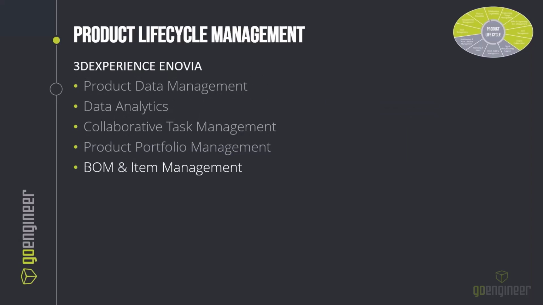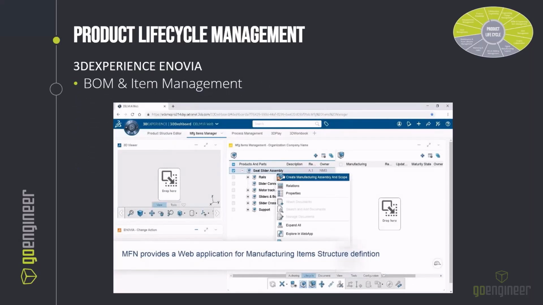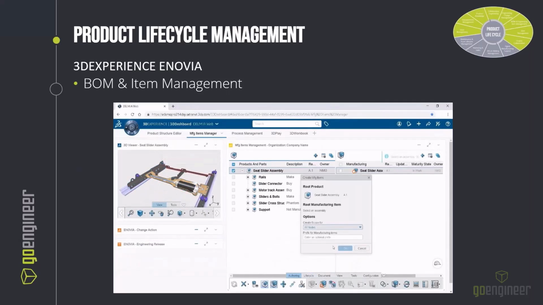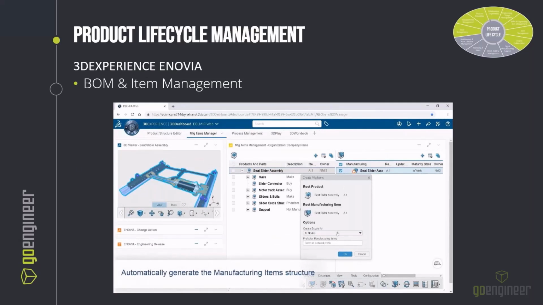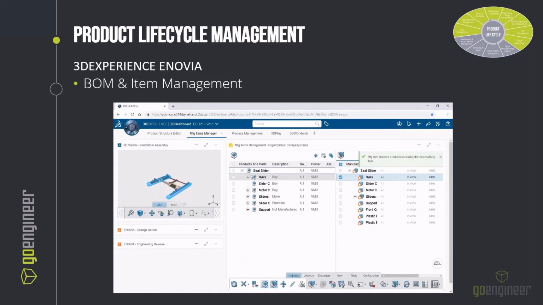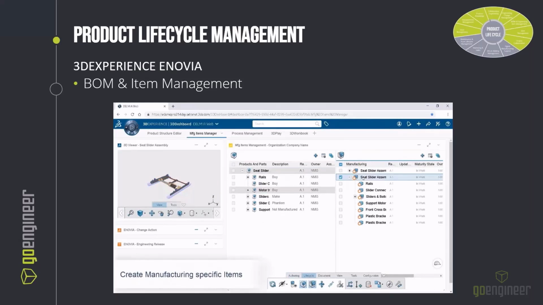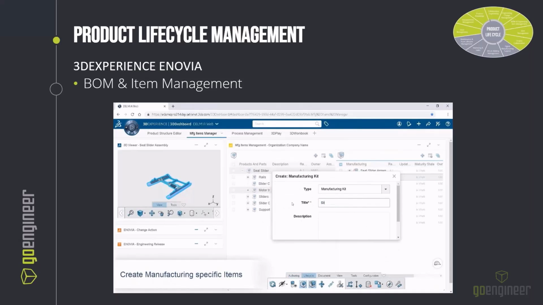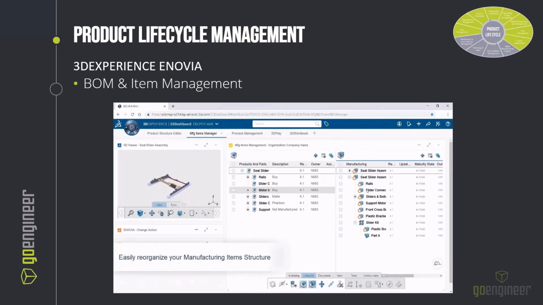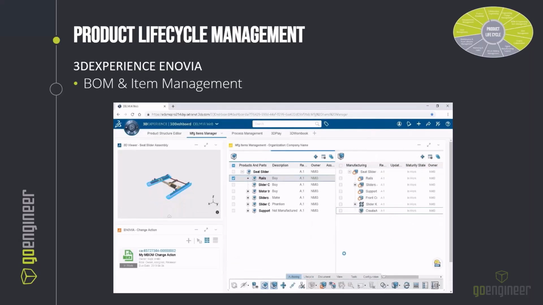And we know that products are complex and their BOMs are too. So with 3D Experience, you can not only create traditional BOMs and EBOMs, but also create MBOMs. With the web interface, you can create a manufacturing item structure that better represents your manufacturing needs, including the creation of manufacturing specific non-CAD items, parts, and kits.